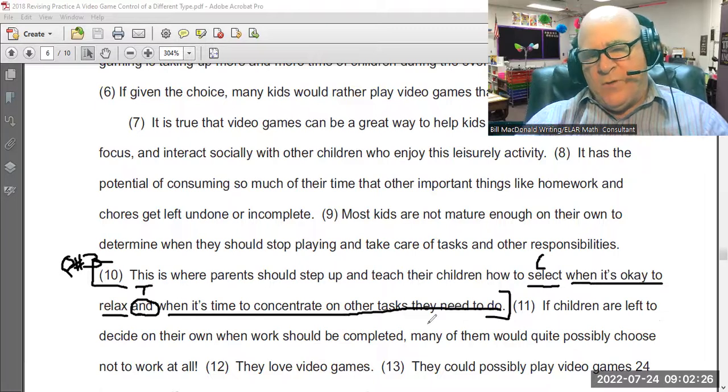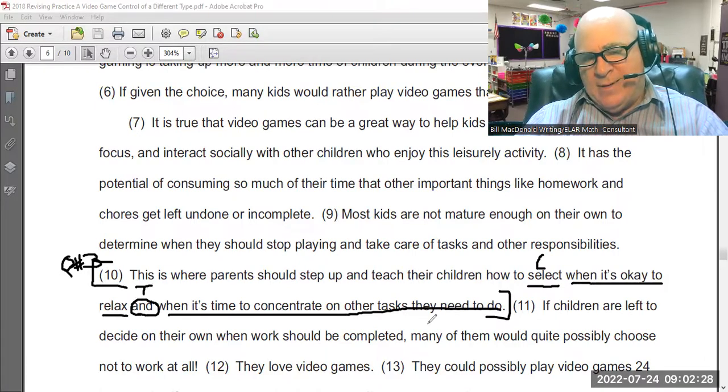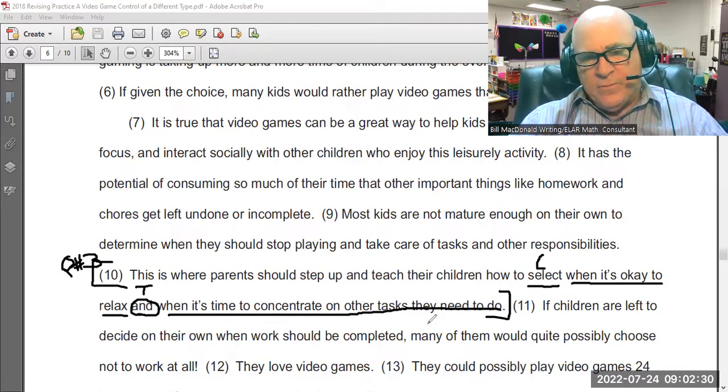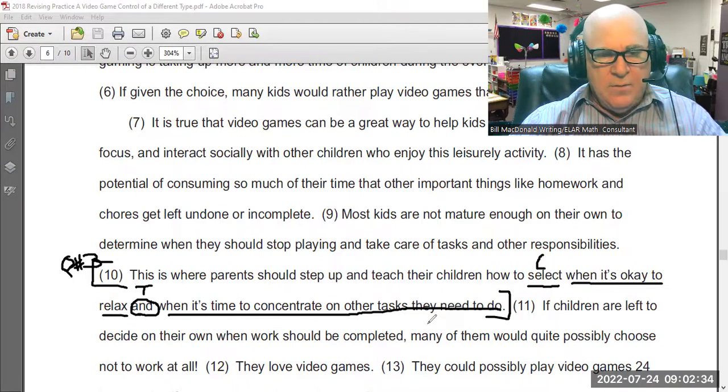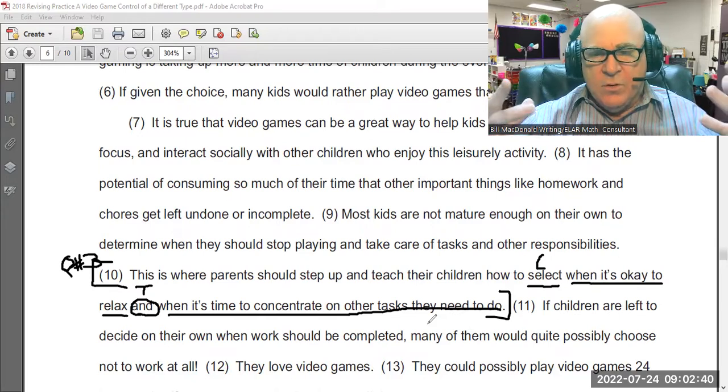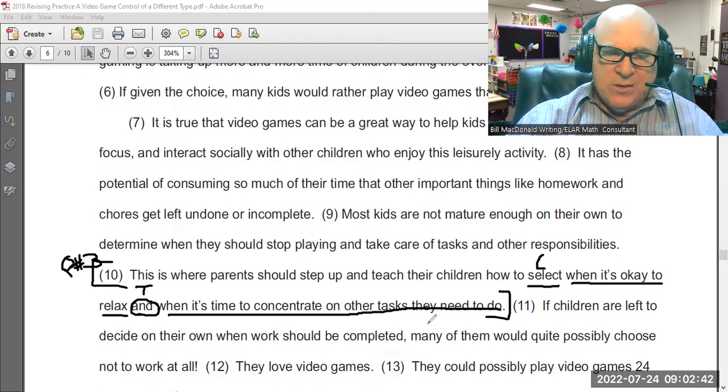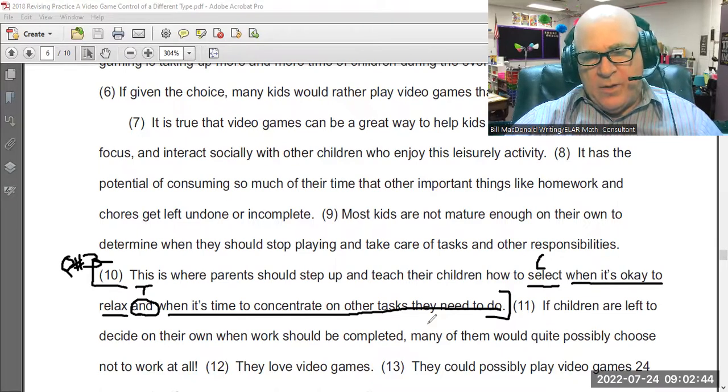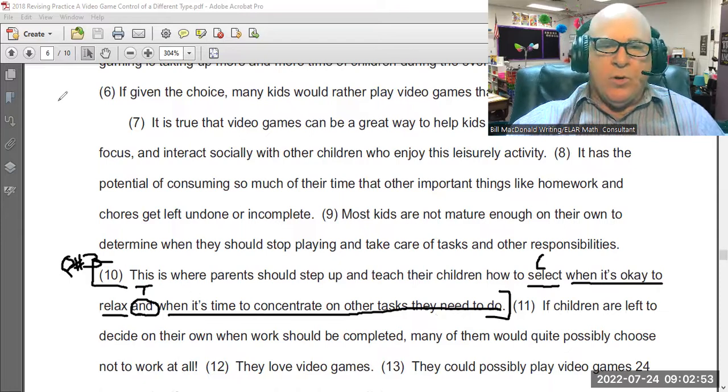So it's focusing on things that need to get done. And I've got to pick one of those. When should I just relax? And when should I pick things that I need to do? How do I decide which one's okay, which one's more important?